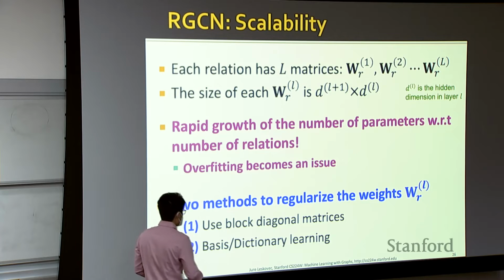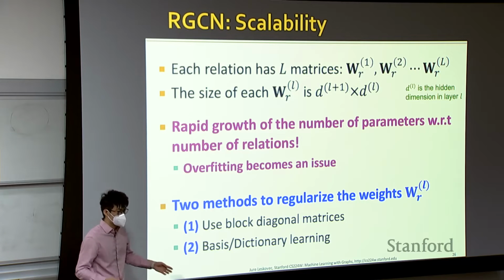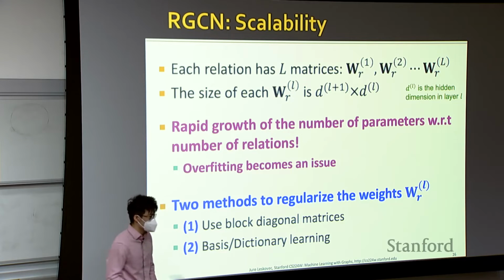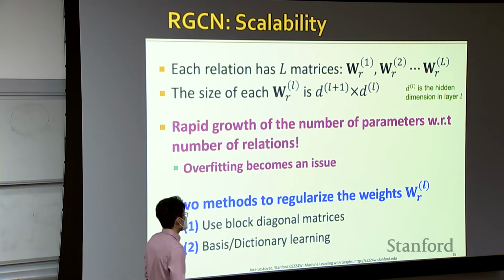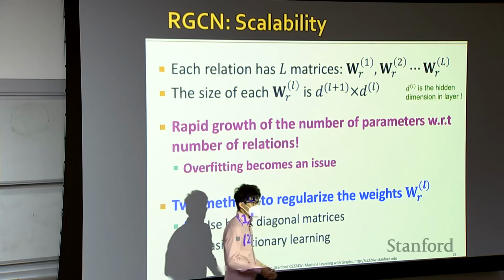So next, we're going to discuss the implications and the potential issues of this RGCN formulation. So in the end, we want to learn a different weight matrix for each type of relation.